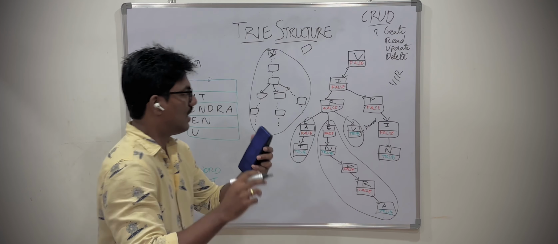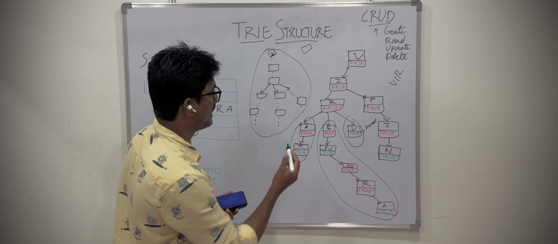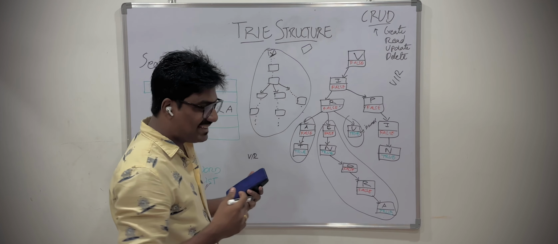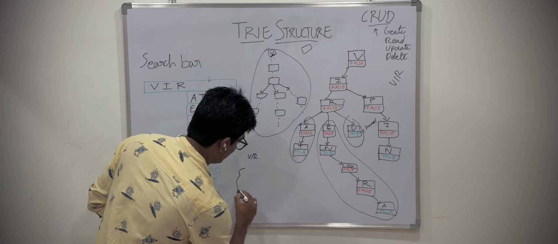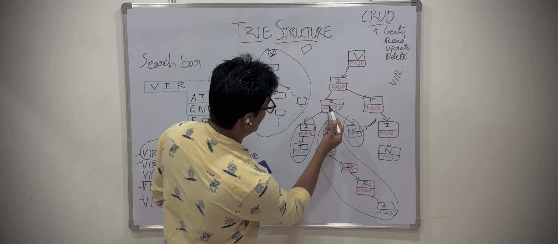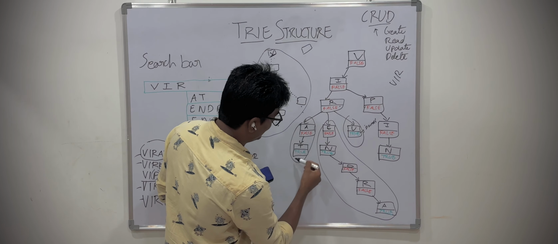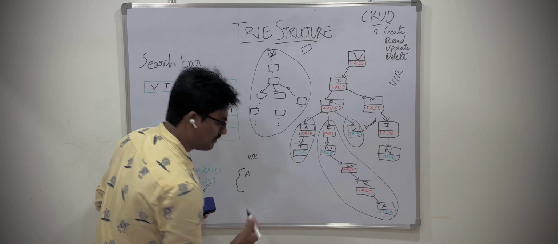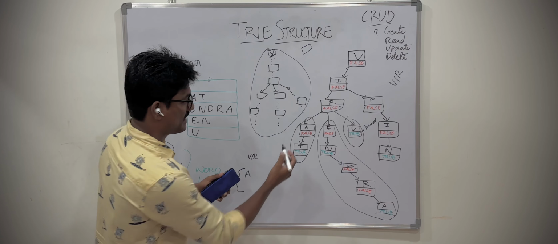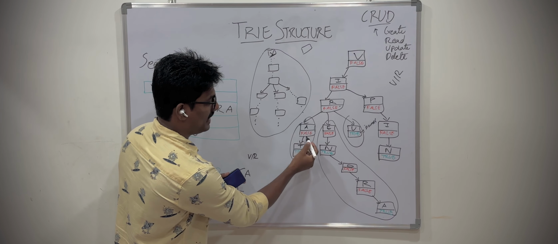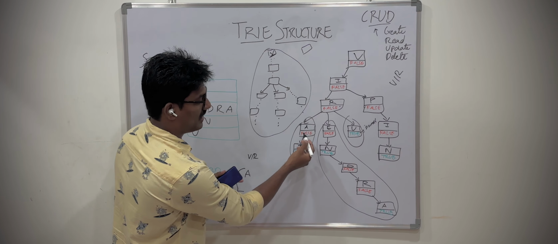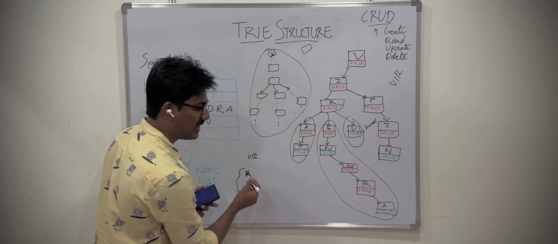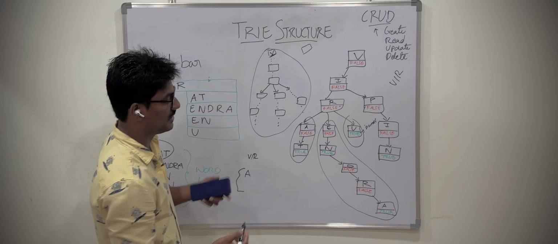I'll tell you how we are going to fetch that. VIR is already there. In the array list, you have to consider this particular path. So I'll check A. A doesn't have the is word value as true, so this is not a word and I have to continue.